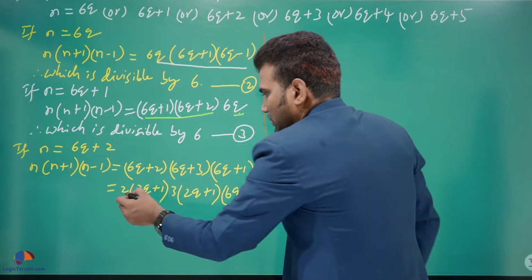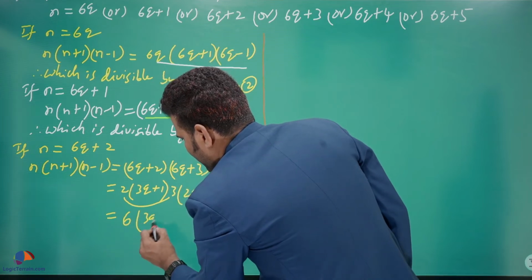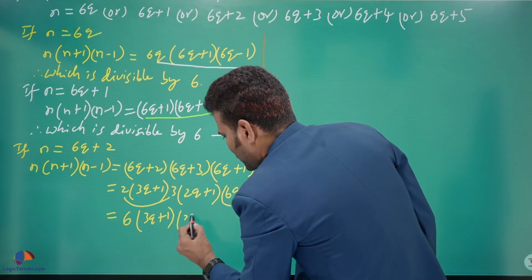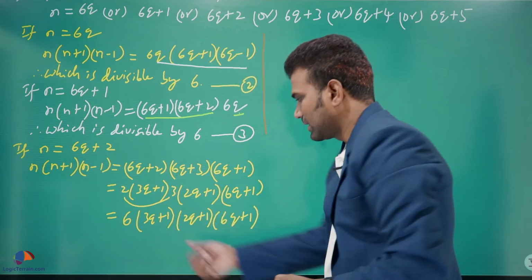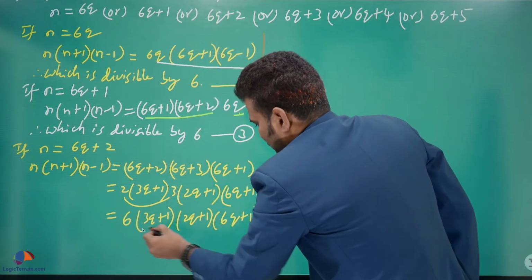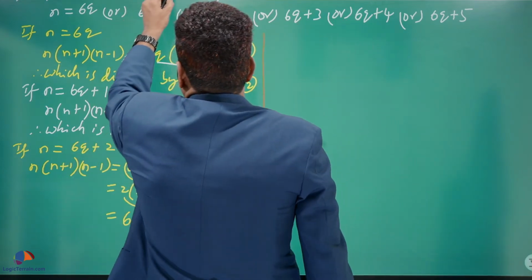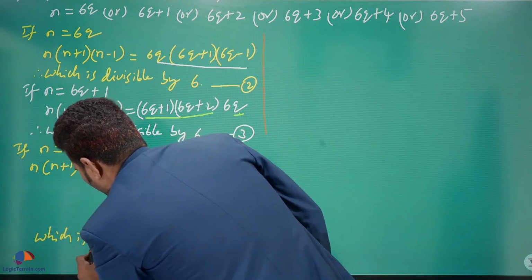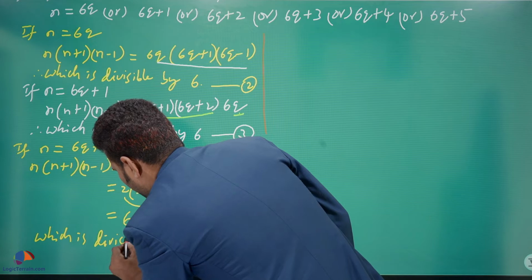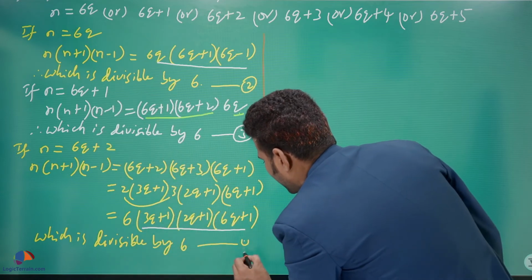You can see 2 into 3, 2 3s are 6, 6 into 3q plus 1 into 2q plus 1 into 6q plus 1 again. So which is a multiple of 6. Again this is divisible by 6. Let us take this as number 4.